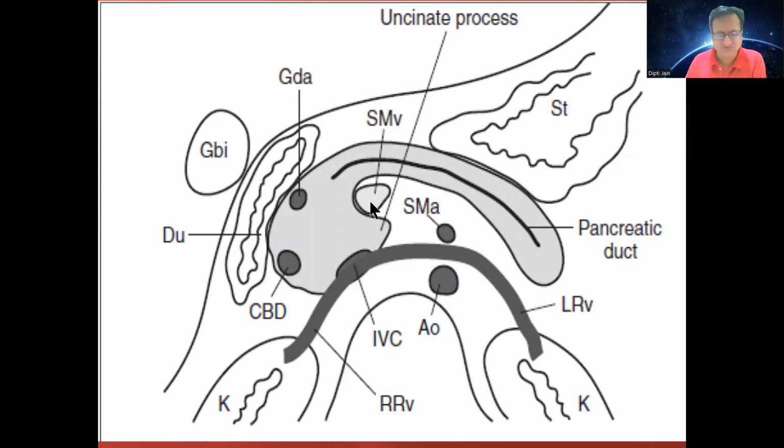This is artery, this is vein, then aorta, then there is left renal vein which passes between the superior mesenteric artery and aorta, and also here lies the splenic vein.